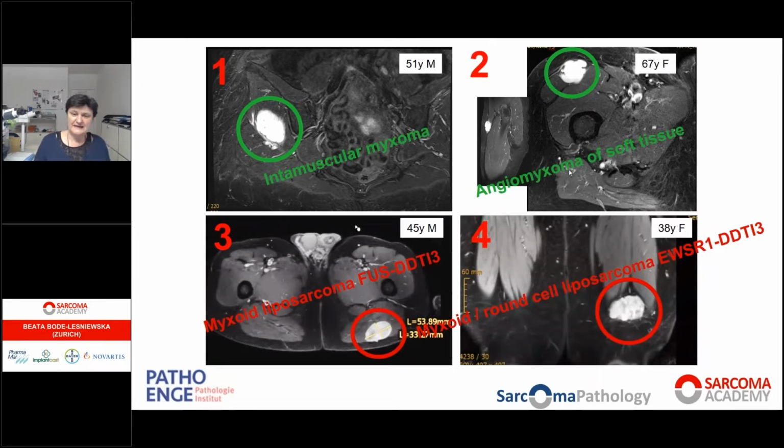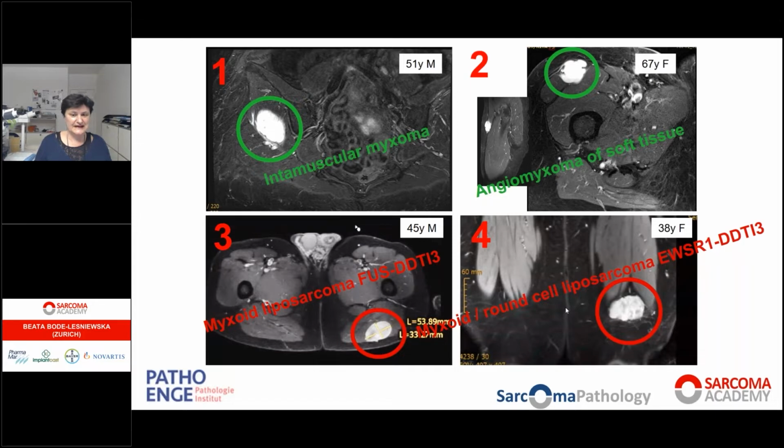So at the end, in those 4 patients presenting with clinically and on imaging quite similar tumors, we end up with 3 or 4 different entities, depending on how you consider these two.